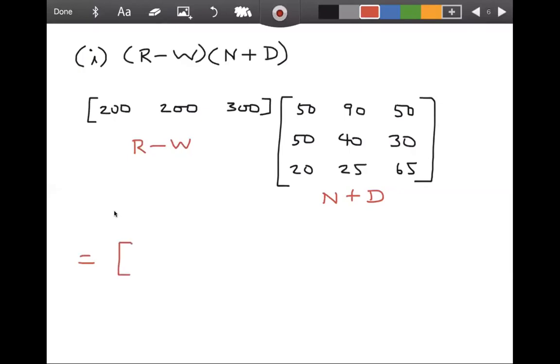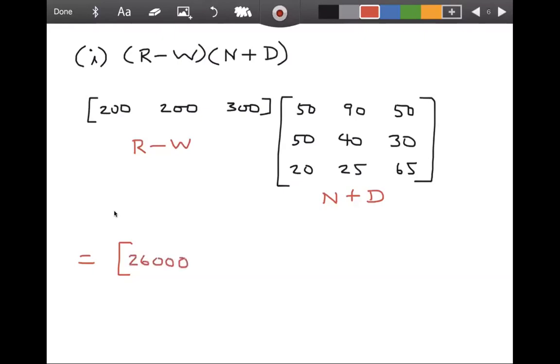Starting with store 1, that's going to be 200 times 50 plus 200 times 50 plus 300 times 20. So the profit at store 1 for the months of November and December was $26,000.